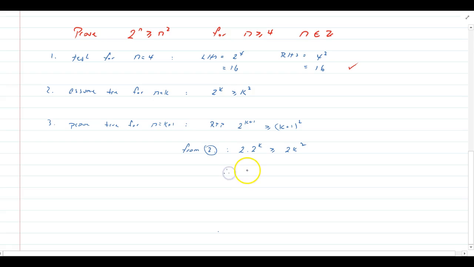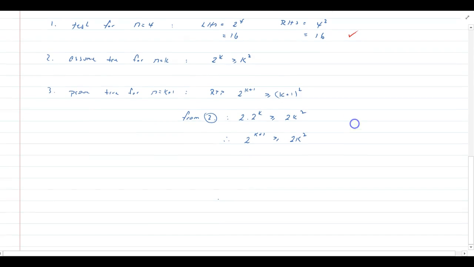So therefore, our assumption can read 2 to the k plus 1 is greater than or equal to 2k squared. So now we concentrate on 2k squared.